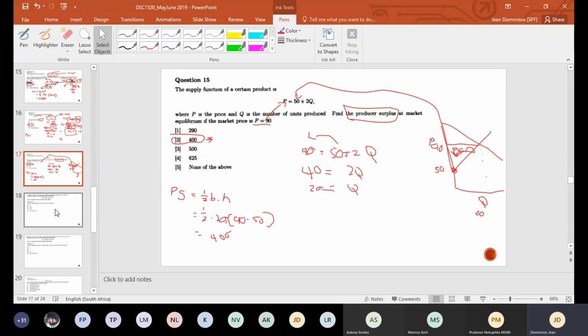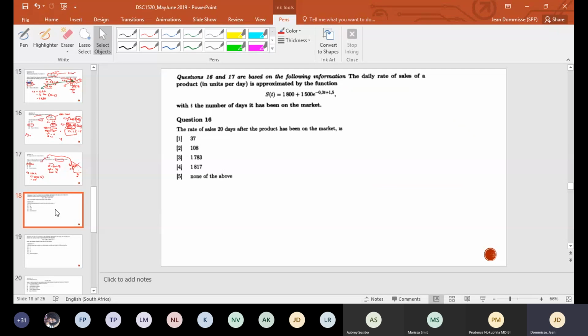So on the consumer surplus, producer surplus, it feels like there will always be 2 or 3 questions. There will be a linear one and there will be a non-linear one. So I think it is important that you know both ways of doing it. Okay, anybody other questions? Otherwise we can continue with the next one.